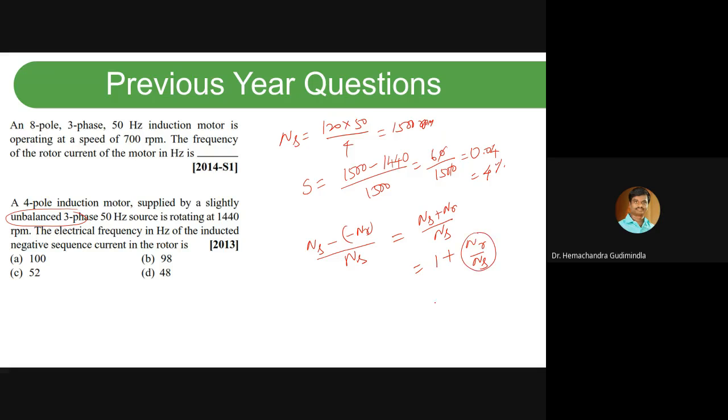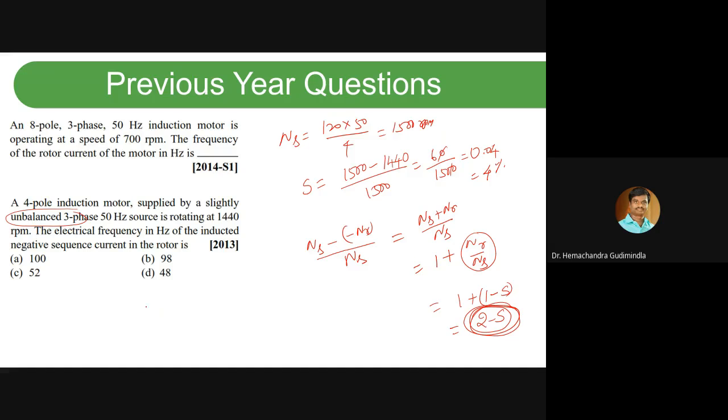This Nr by Ns is nothing but 1 minus s, so 2 minus s. So whenever we are talking about the unbalanced supply, the slip will be 2 minus s because of negative sequence components in the rotor current.